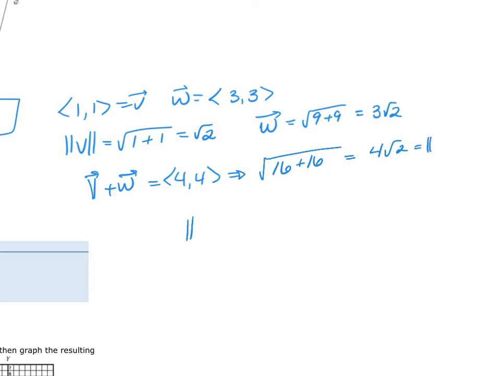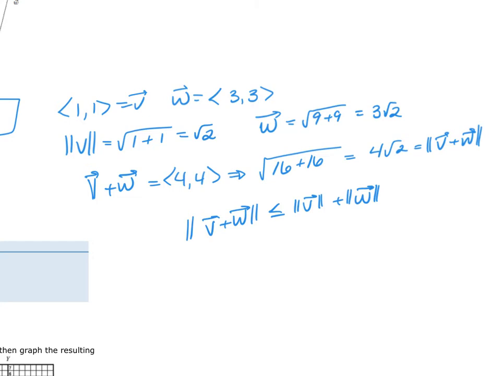That is the magnitude of v plus w. So the magnitude of v plus w is actually going to be the same as the magnitude of each one of them. This is one in which we have equality.